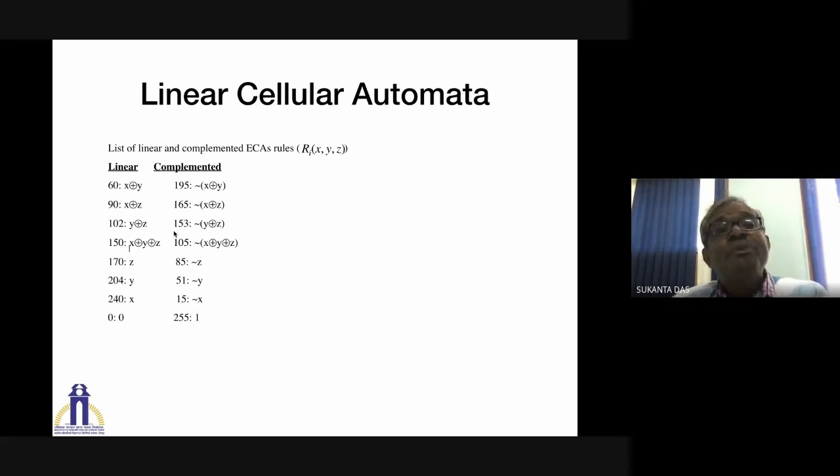If I put a complement, for example the logical expression x OR y, then I mean x NOR y, then I get another rule, right? These rules are called complemented rules.